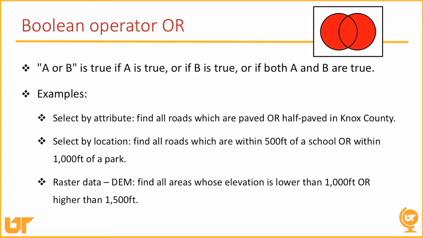For example, with select by attribute, you want to find all roads which are paved or half paved in Knox County, or you want to find all roads which are within 500 feet of a school or within 1,000 feet of a park, etc.